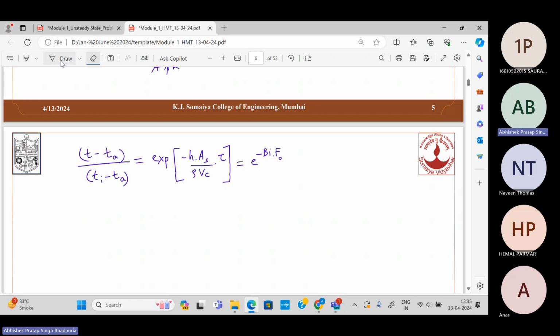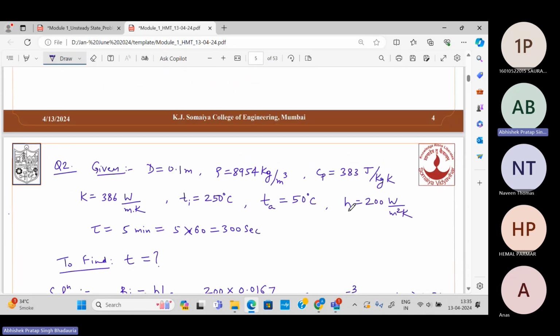So let's go ahead. Let's apply. T is the unknown. In the ambient, in the surrounding, what is given? Ta is 50 and Ti is 250.